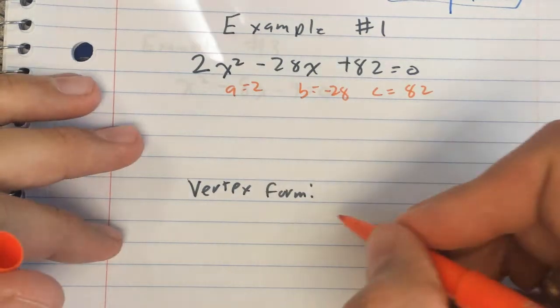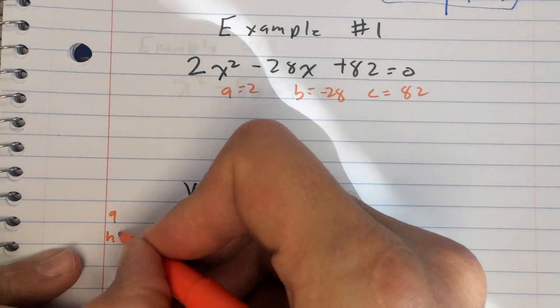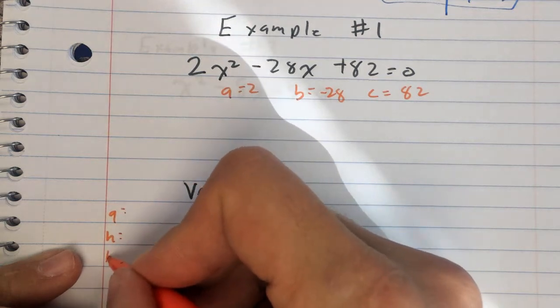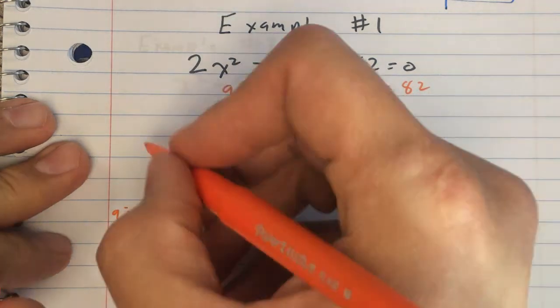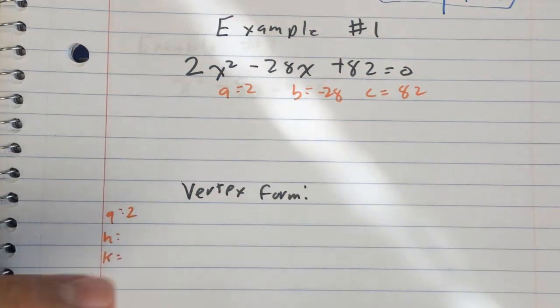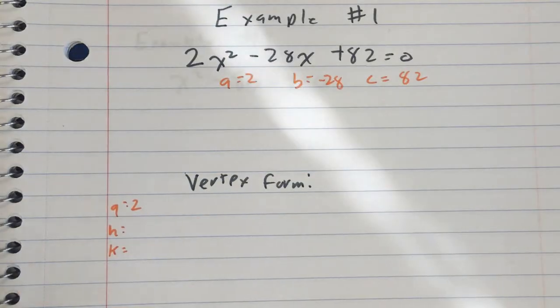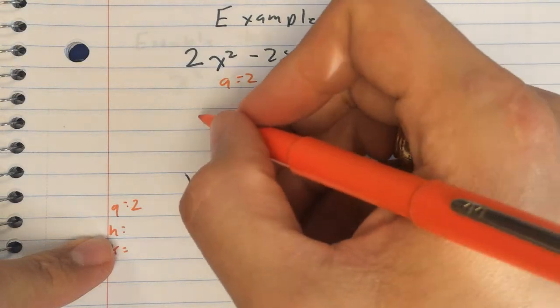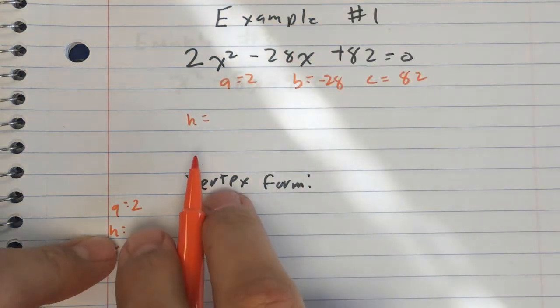For vertex form, I'm going to need to find A, H, and K. I already have my A, so let's go ahead and try to figure out what my H and K are. To find my H, I'm going to use the axis of symmetry formula.